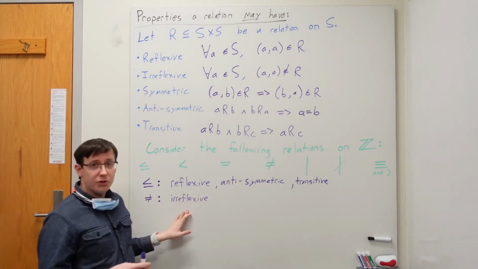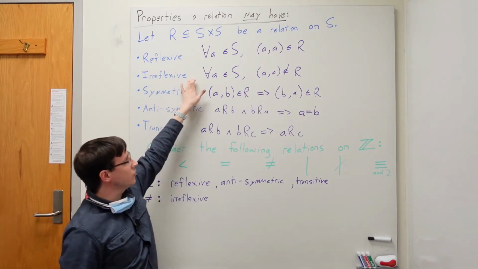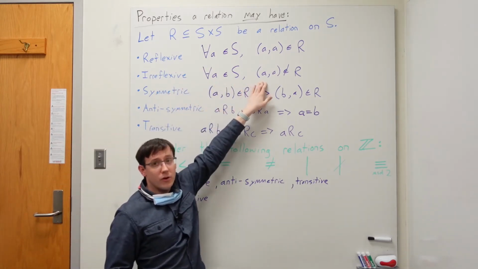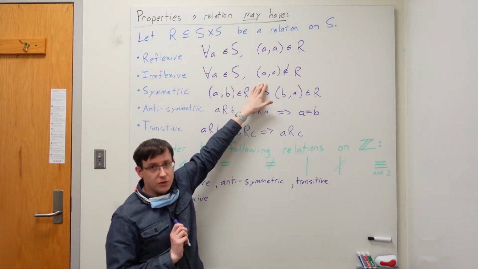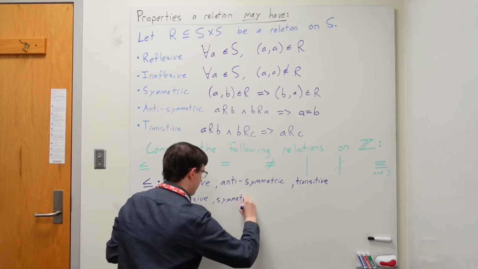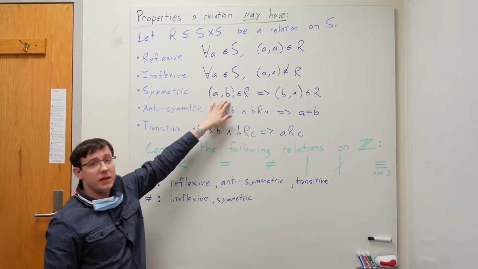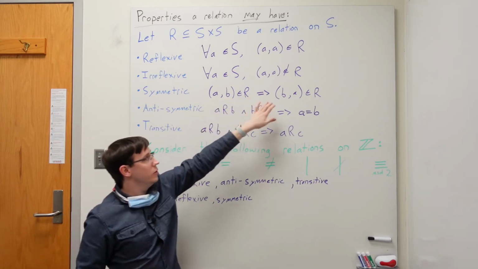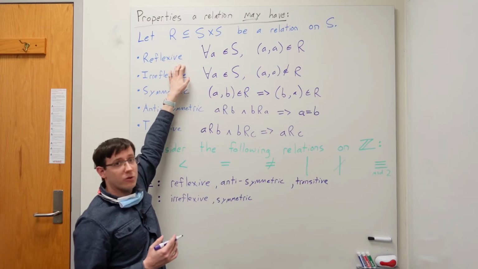The not equal to relation is irreflexive because for every integer, that integer and itself is not a member of the not equal to relation. And it's symmetric because if we have A not equal to B, then we can conclude that B is not equal to A. It's not reflexive because of many counterexamples.